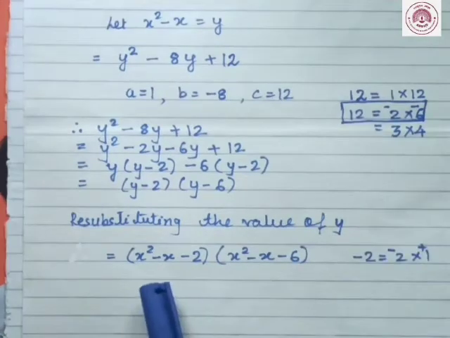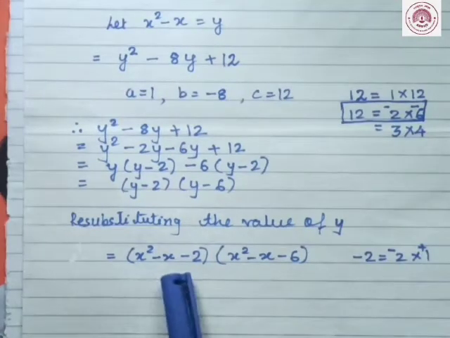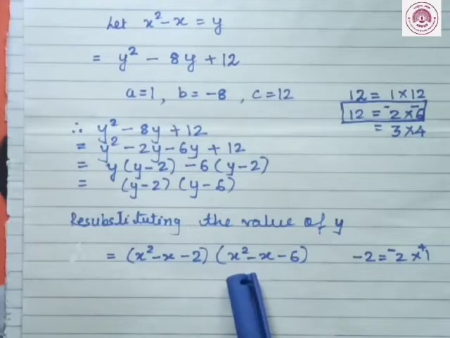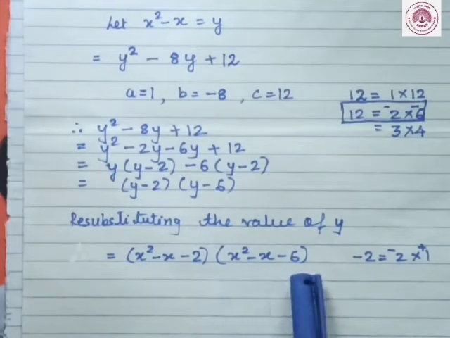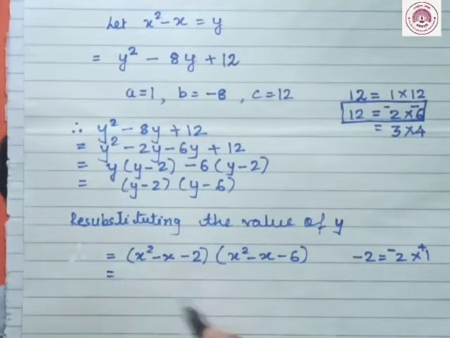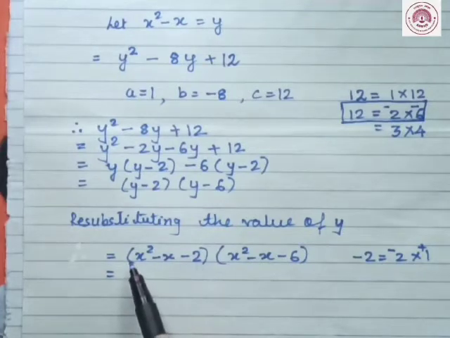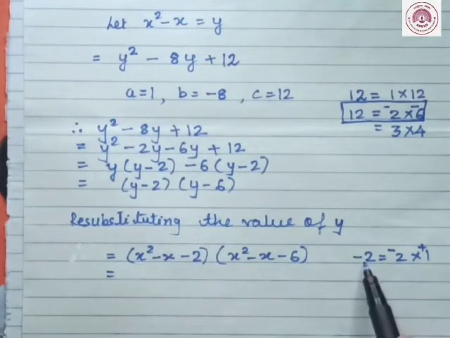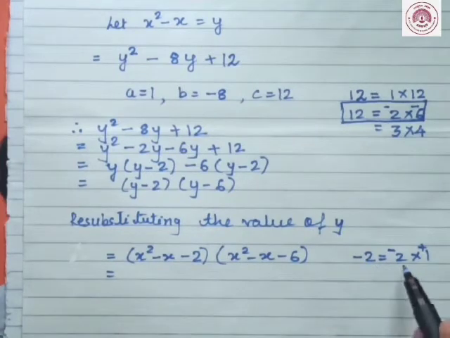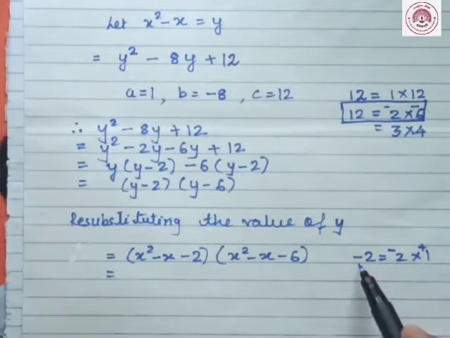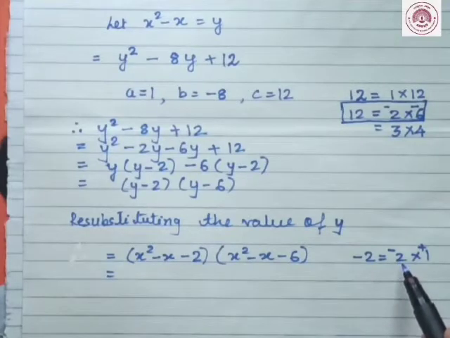We can further factorize x² − x − 2 and also x² − x − 6. For the first quadratic polynomial, the coefficient of x² is 1 and the constant term is −2. So 1 × (−2) is −2. What are the factors of −2? 2 × 1, and as it is negative, one factor has to be negative.